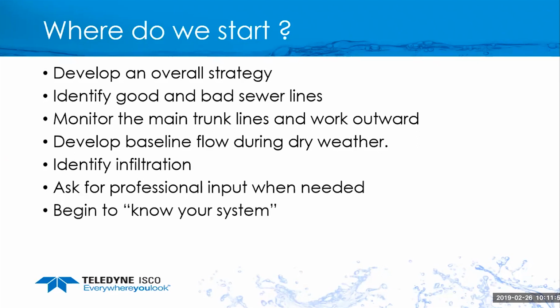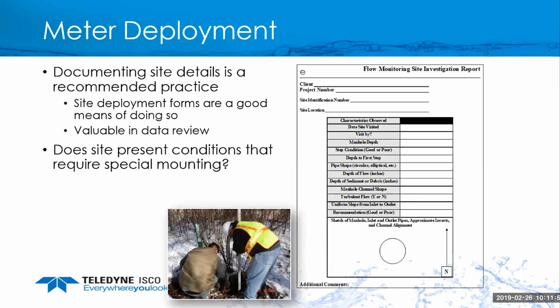So we need to begin to know your flow system. So when you get started, you want to send somebody out to identify the locations where you want to monitor flow. And a good idea is when you're investigating sites, document the details of the site, determine if it's a good application or not, if you're going to get valuable data from the site.